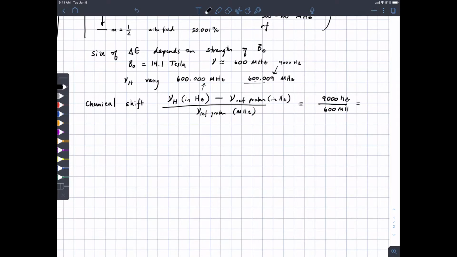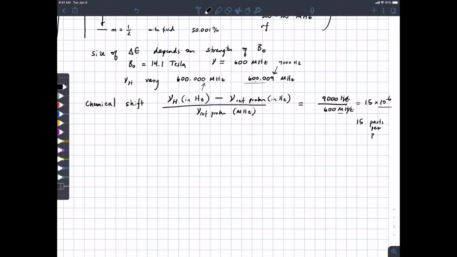The hertz units cancel out, and you get 15, basically, with the mega prefix in the denominator, which is the same as 15 times 10 to the minus 6. But we don't like that, so we're going to replace the 10 to the minus 6 with parts per million, or ppm.